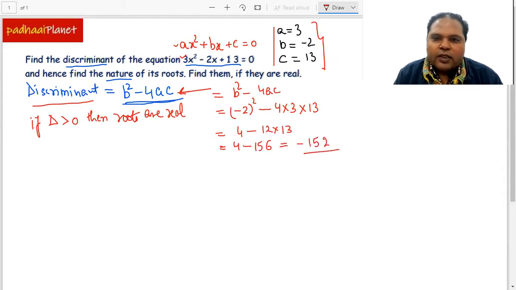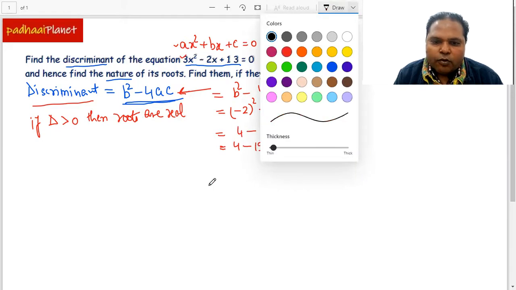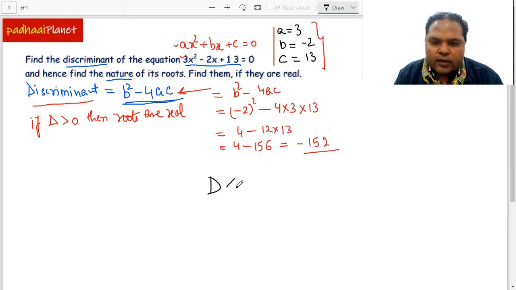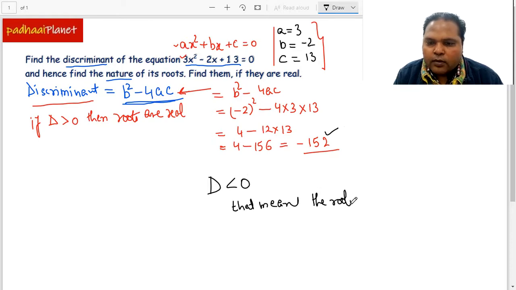Now, with this, we can clearly see that the value of D is less than 0, right? Because D is coming to -152. That means the roots of the given equation are not real, right?